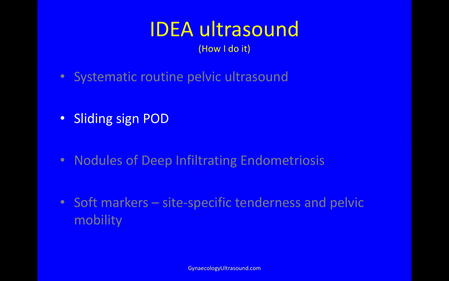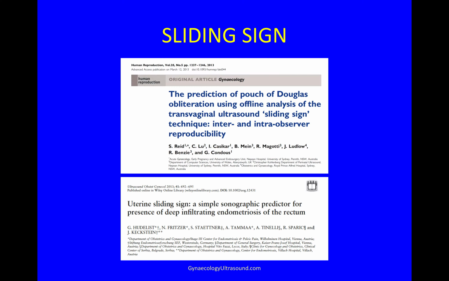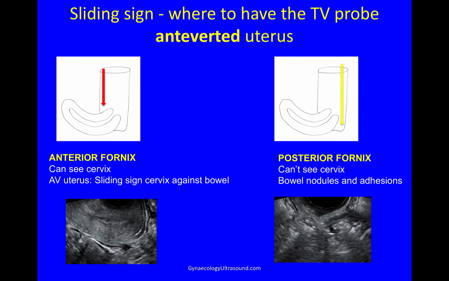The next thing I do is look for the sliding sign in the pouch of Douglas. Now these papers were published in 2013, almost simultaneously, talking about how to judge mobility in the pelvis. This is an example of an anteverted uterus, and if you have your probe in the anterior fornix, this is the plane that we're most familiar with, you can see the cervix, and you'll be able to see the sliding sign of the cervix against the bowel just there.